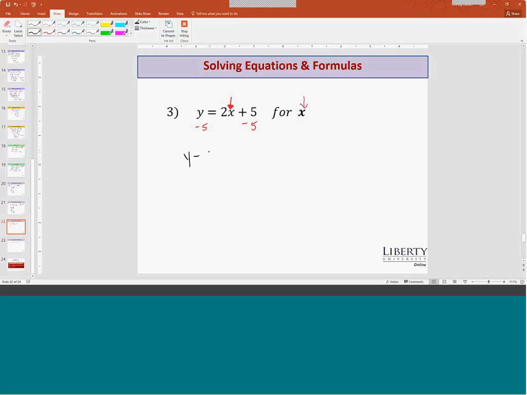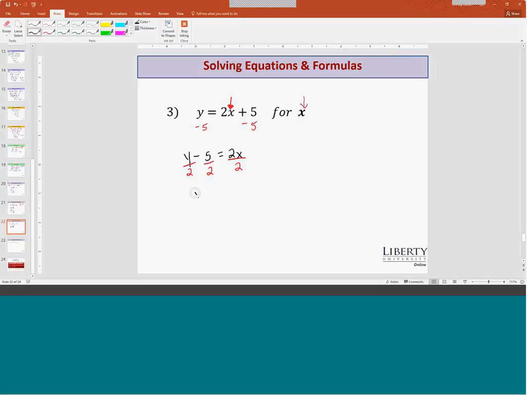That gives me y minus 5 is equal to 2x. Then I get rid of the 2 by dividing both sides by 2. You're dividing both sides by 2, but it's really dividing each term by 2.